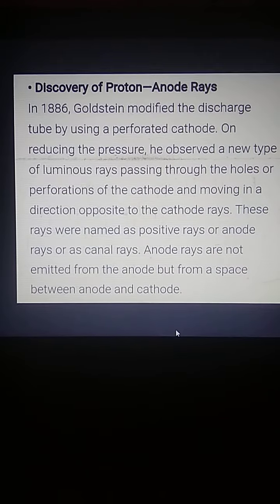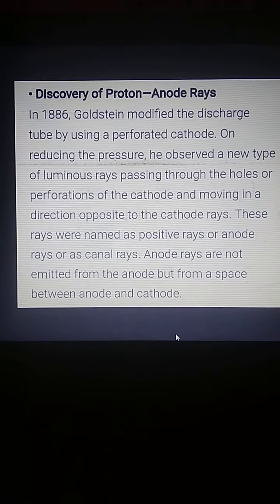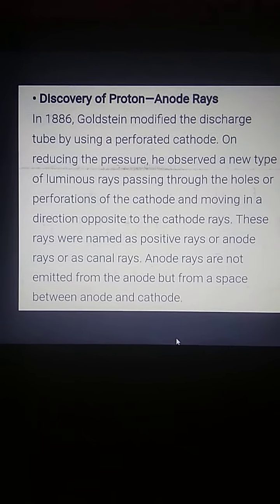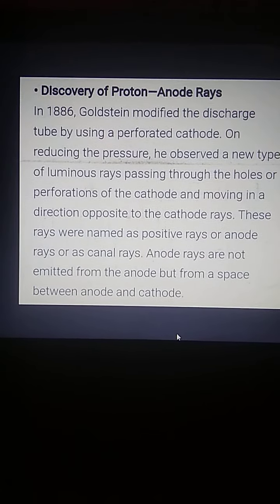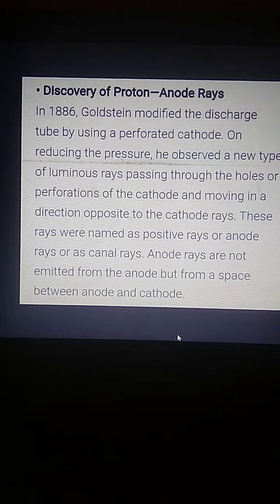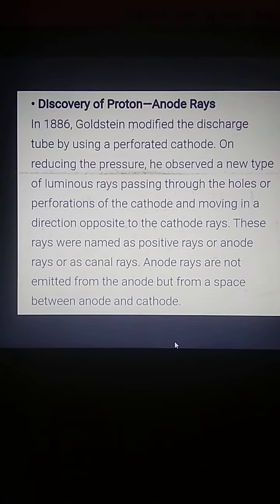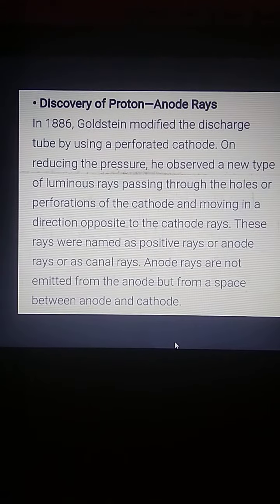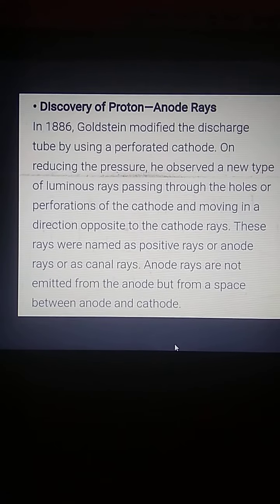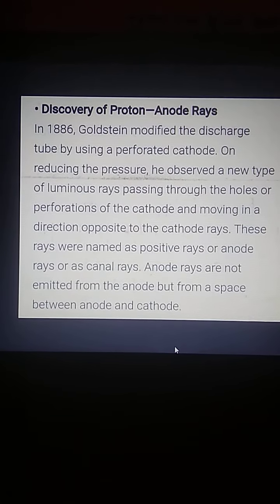But in the case of anode rays, the type of gas we use determines the type of rays emitted. So anode rays are not emitted from the anode; they are emitted from the gaseous ions, the gas which we have used in the discharge tube.